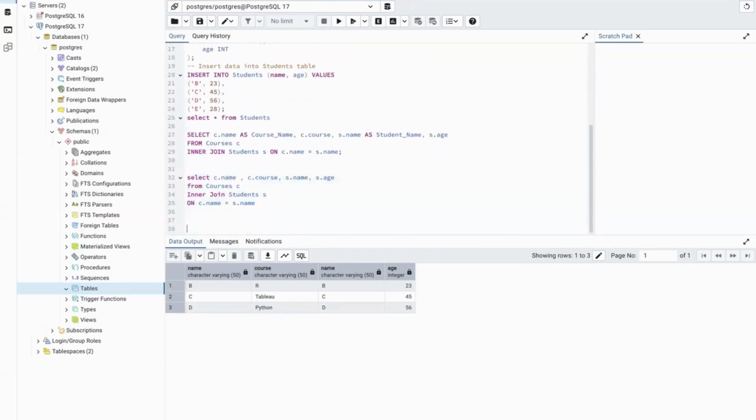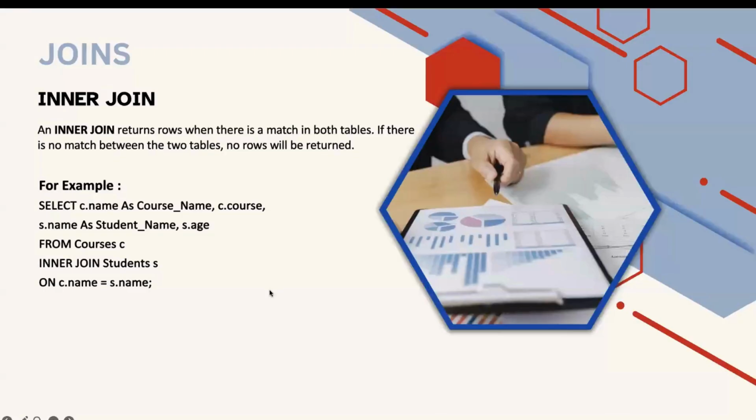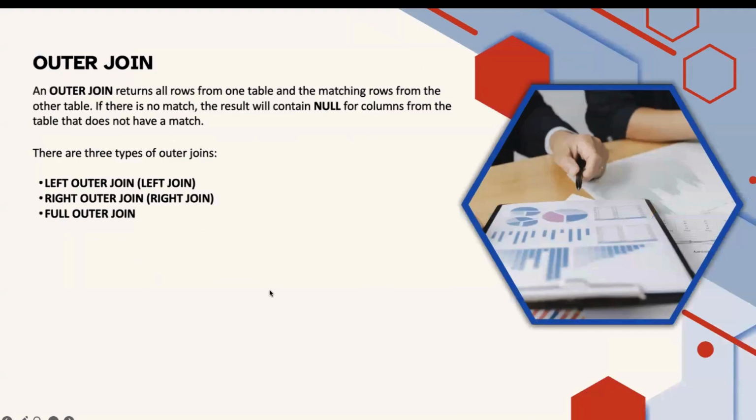Next we are going to see the outer join. What happens in an outer join? It is not required to return only the matching records. If no matching records are found in both tables, it returns the data with null values.